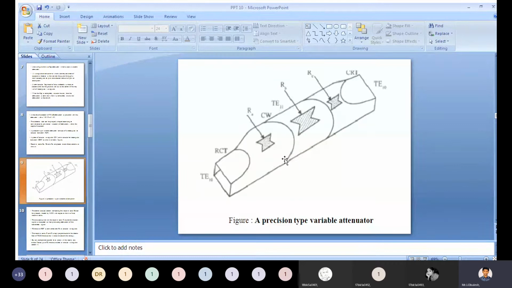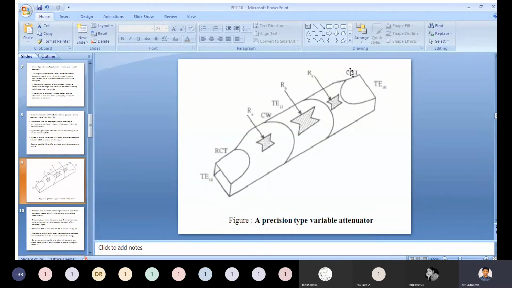In this we have a center circular section containing the resistive chord RB, which can be precisely rotated by 360 degrees with respect to the two fixed resistive chords RA and RB. RCT means rectangular to circular transition.